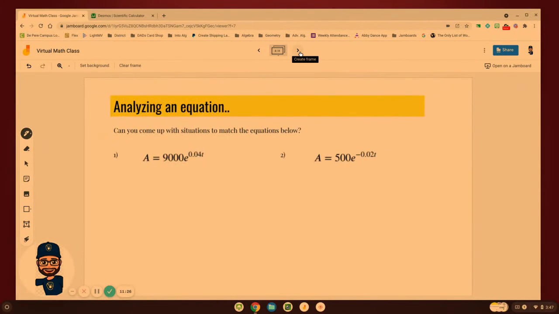Last example: what information do we have, and how can we write a situation or analyze what's happening? In letter number 1, what does the 9,000 represent? That's our starting value or principal.